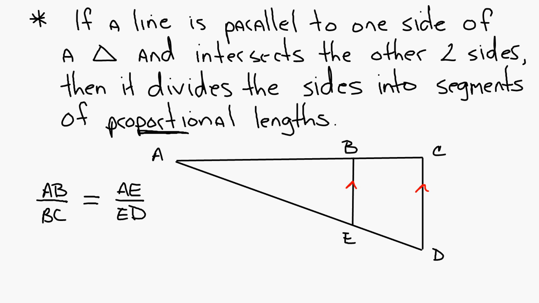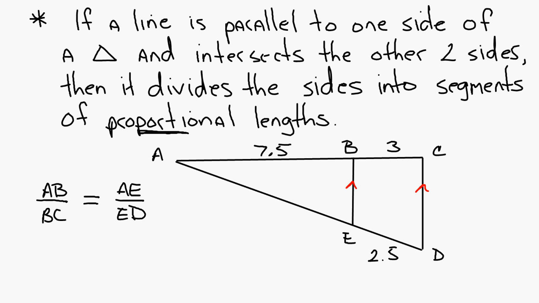Got it? If a line is parallel to one side of a triangle and it intersects the other two sides, then these segments will be proportional. So let's say that A to B is 7.5 and B to C is 3, and E to D is 2.5.